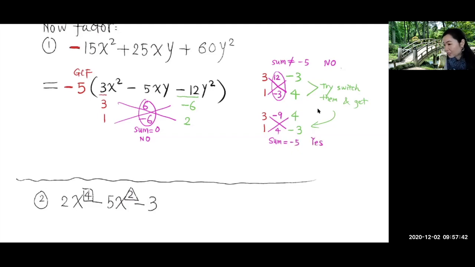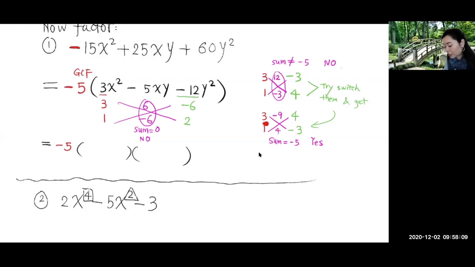So you can do it on scratch paper on the side, and you're just focusing on the numbers, which is easier. So now we're going to put down, we found the right combination, but don't forget the -5 in front. That's the GCF. So -5. Now, how do you read this factoring over here? This is the right combination, right?